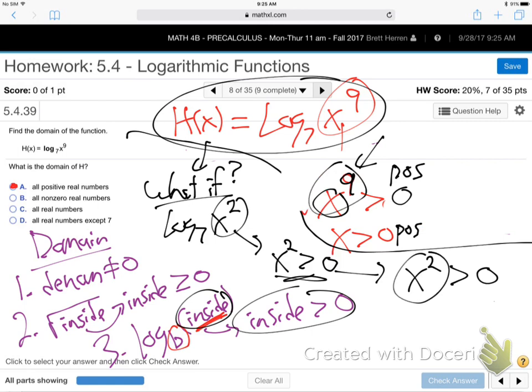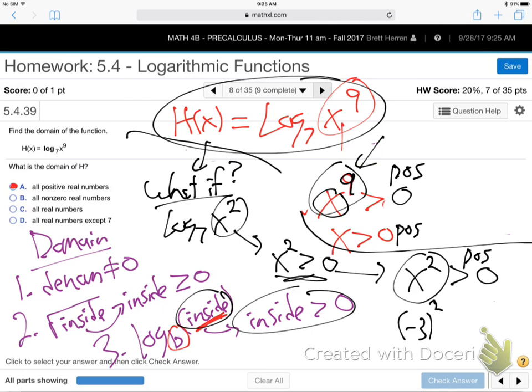But here, x squared positive. When is x squared positive? It's always positive, except when it's 0 itself. Any negative or positive, right? Put in negative 3 squared, that's positive 9. So if it's an even power, it automatically makes everything positive except for 0 itself. Are you with me?